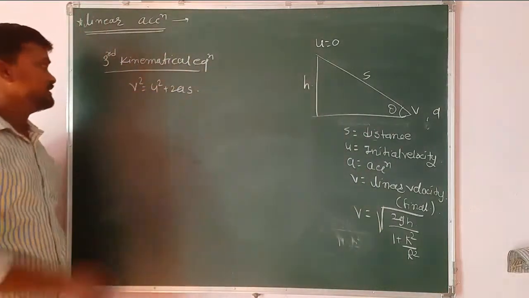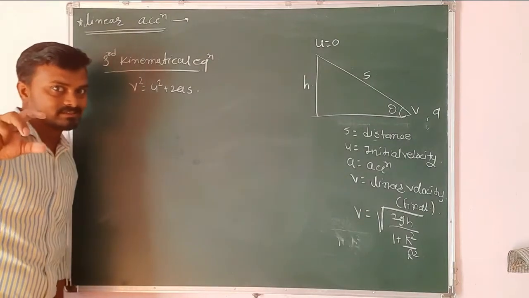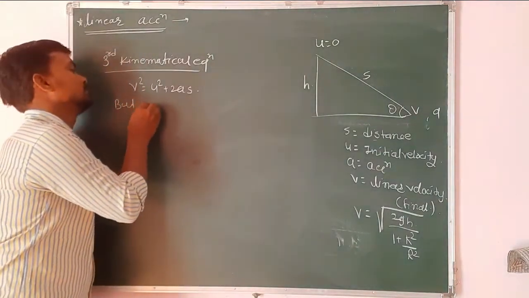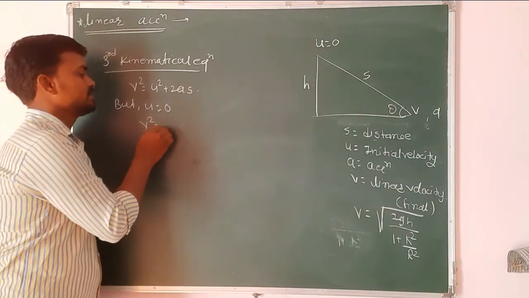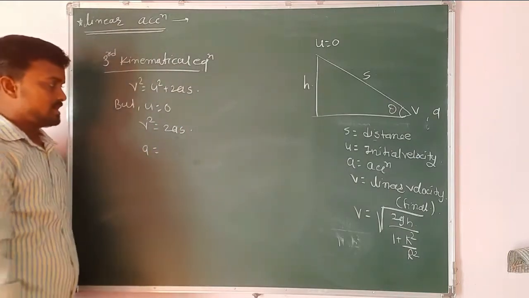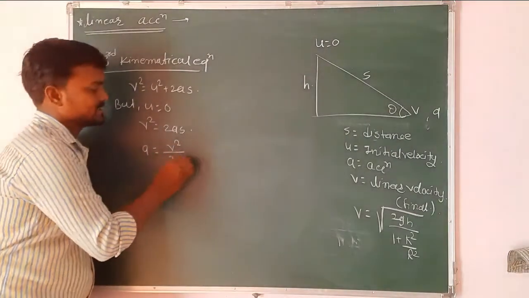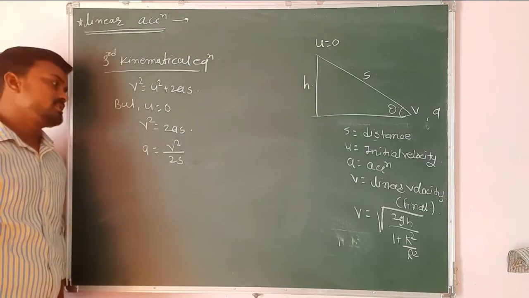The third kinematical equation is v square is equal to u square plus twice as. But initially the object is at rest, because its initial velocity u is equal to 0. Then we get the equation v square is equal to twice as, and a is equal to v square upon twice s.